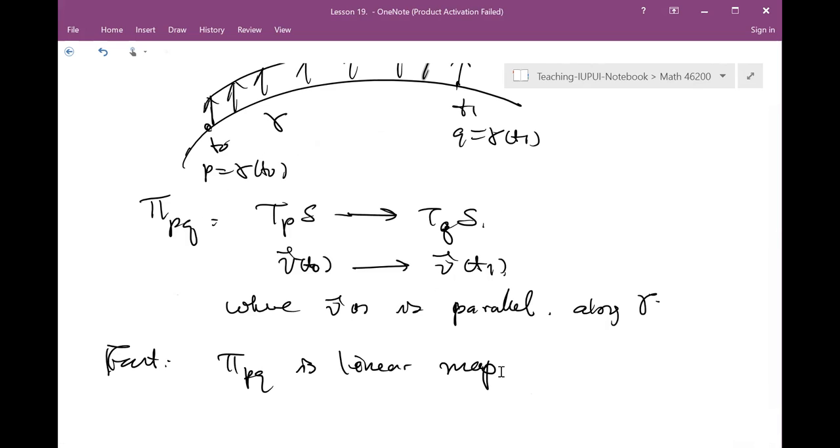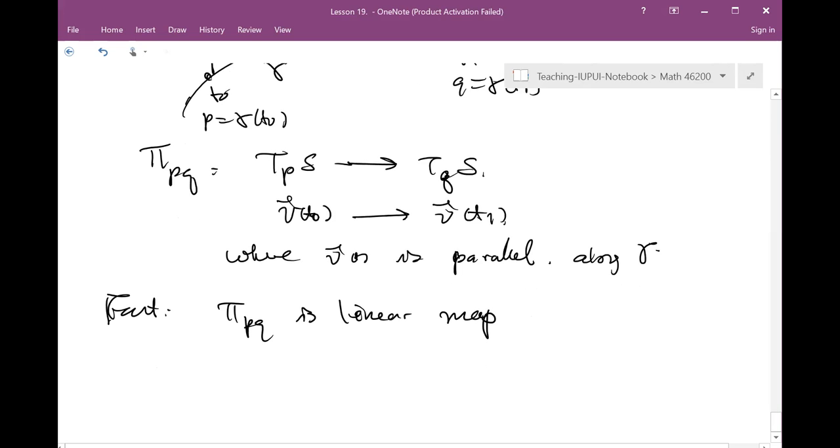It preserves the length of the vector, and even preserves the angle between two vectors, but that's not easy to prove. The parallel translation preserves the length of the curve.